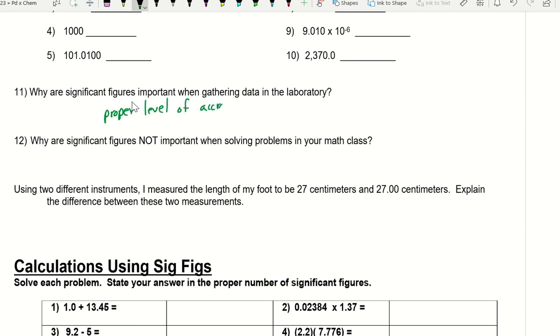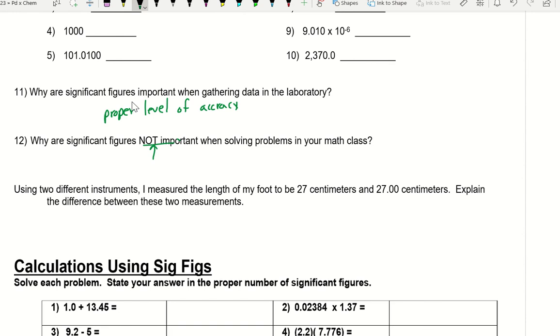All right. Why are significant figures not important when solving problems in your math class? Because in math class, they don't always, this is actually not true. I don't like this question because in math class, sig figs are really important as well.